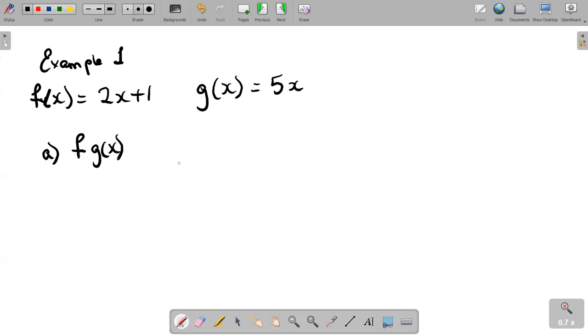The first thing you need to identify is who is inside of who. So quick question, who is inside of who? G inside of f, good. Now, since f is the mother function, you're going to write that first. So you write f of x, and you write what f of x is. Look it up here.